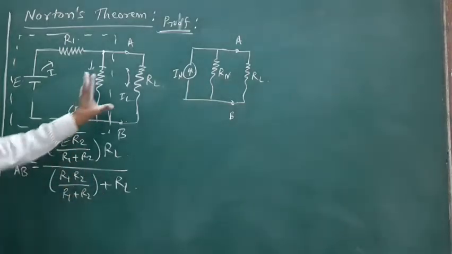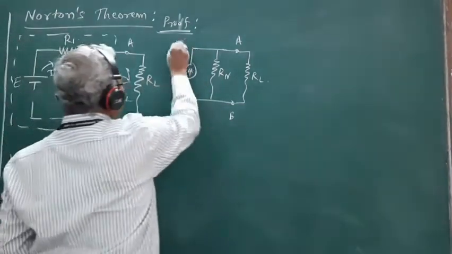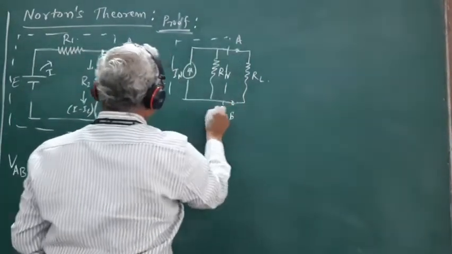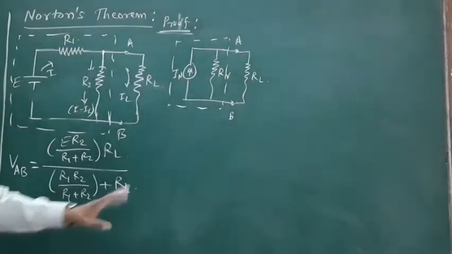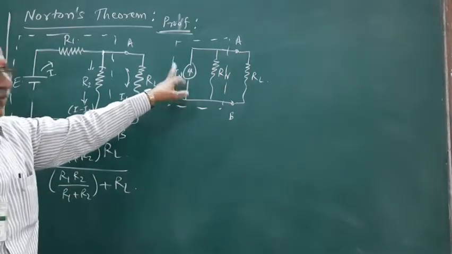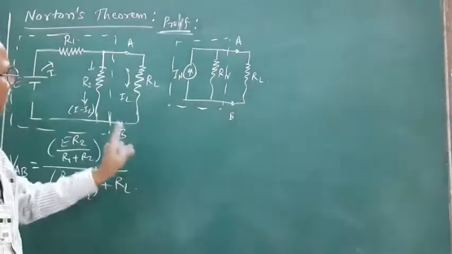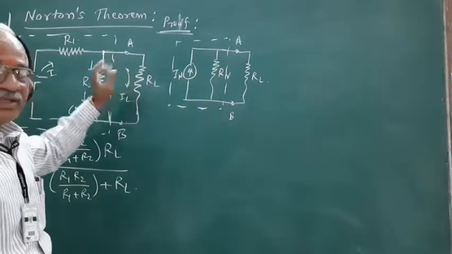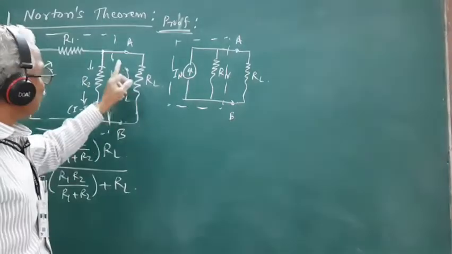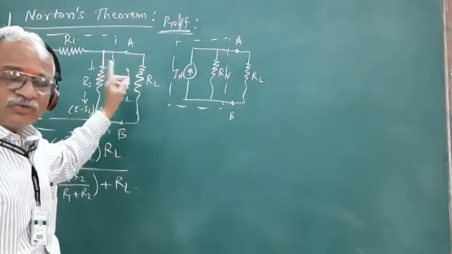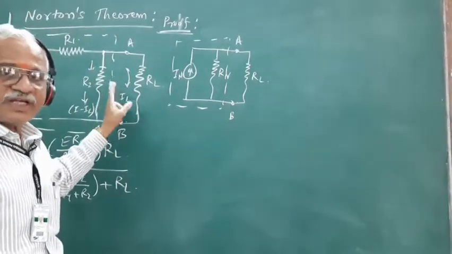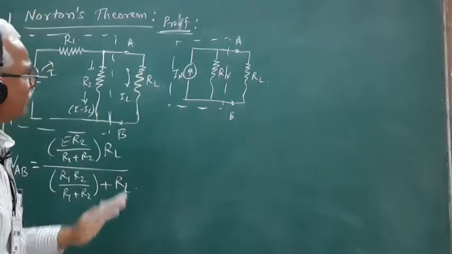So we want to obtain this Norton equivalent circuit for the given complicated network. So for that purpose we have to obtain the values of IN and RN. This IN is nothing but the short circuit current that will flow through this short circuit put across the terminals A and B.